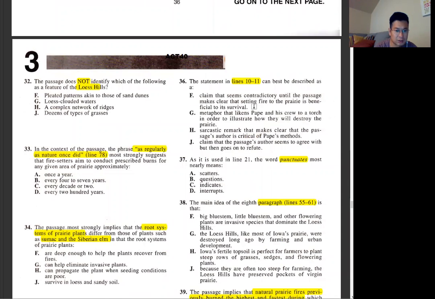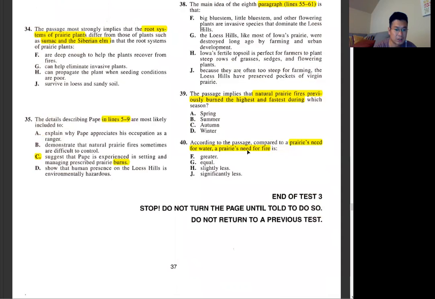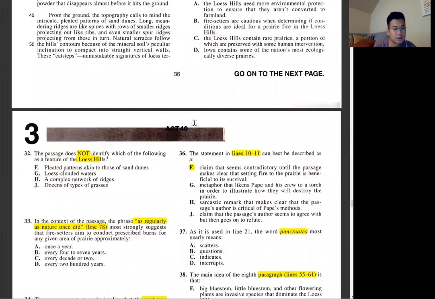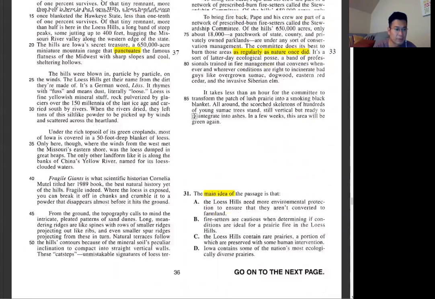Described as claims that seem contradicting until questions are clear. The setting of fire on prairie is beneficial. Yeah, maybe F. I mean, we have to read the rest of the passage, but it sounds like that, so we can guess a lot of questions from others. Like question 40, it says need for water, need for fire. Yes, they probably say something about fire being as important as water, maybe. But we'll see later on. For now, we're just holding on to this.